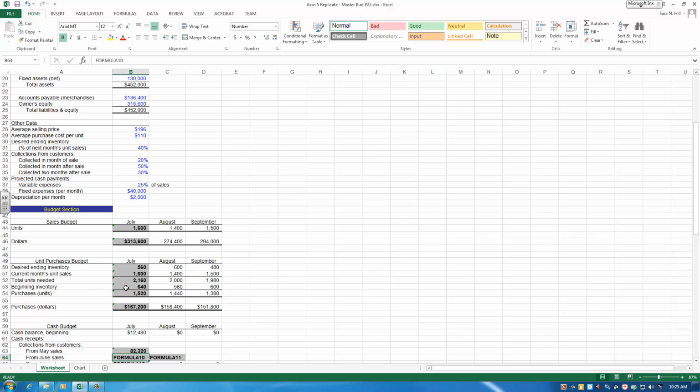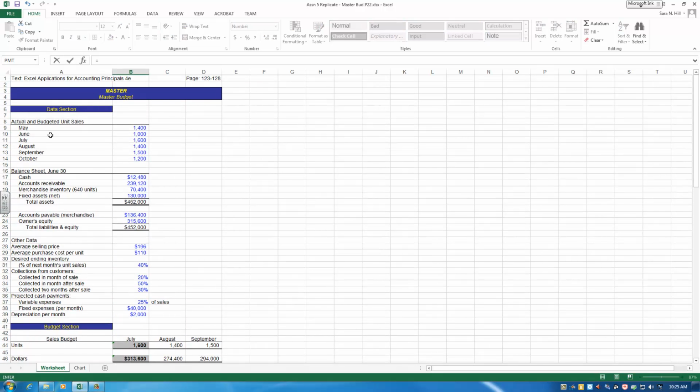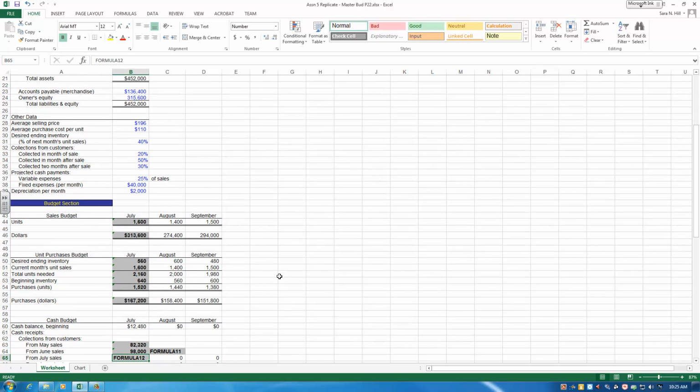Now we can keep going and also calculate for June. Go up and grab our June unit sales, multiply by our average selling price, times, now we're only the month after the sale, so June sales, collecting 1 month later in July, we're going to collect 50% of those.